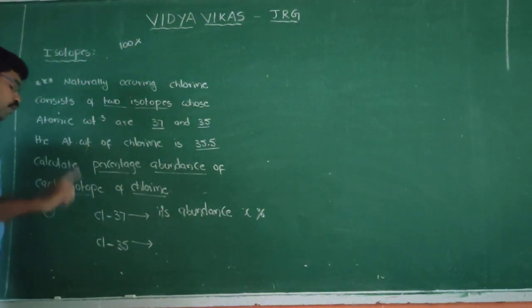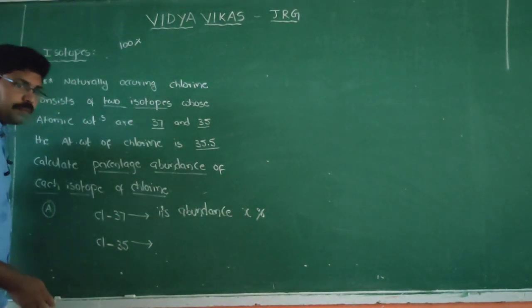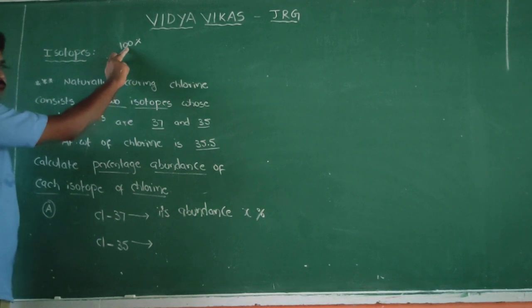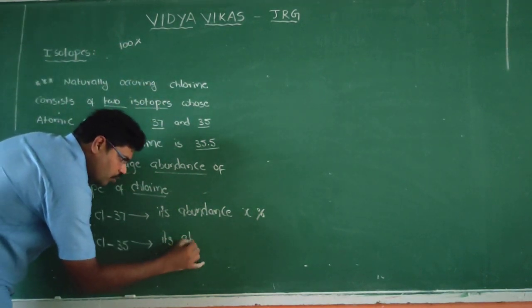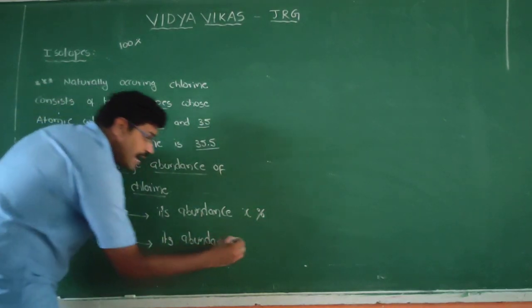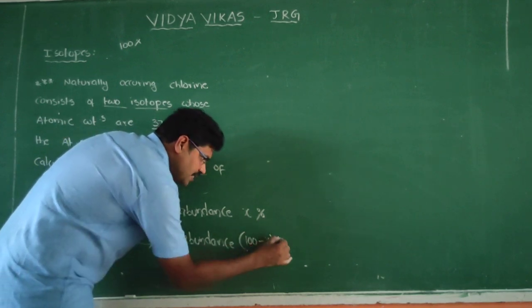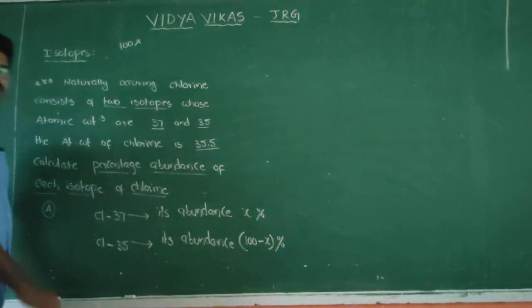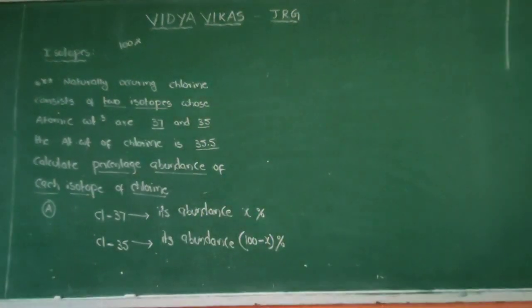So one isotope is X percentage. What about the other isotope, sir? The abundance of the second isotope is, dear students, 100 minus X percentage.